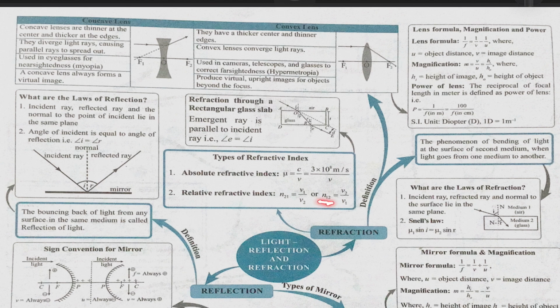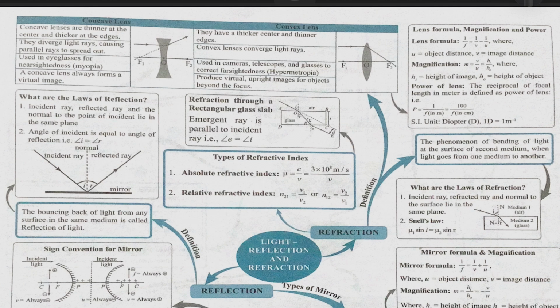In the same way, the relative refractive index of the first medium with respect to the second medium will be calculated by taking the ratio of the speed in the second medium to the first medium. We have to keep this in mind. There are chances of asking numericals with respect to these formulas. It is very important. Refraction happens in lenses also.